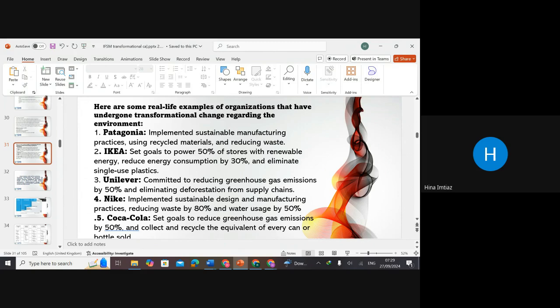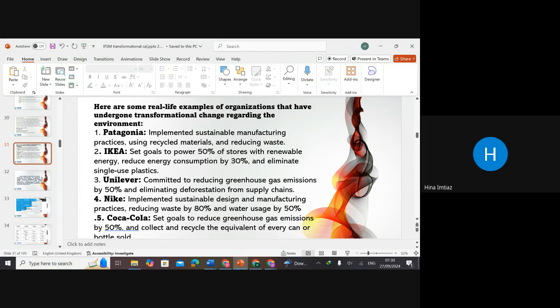I'm really happy and glad, and I'm so impressed by the sustainable goals and objectives set by this organization. And one thing I want to share with you is that 60% of IKEA's material is also recyclable and sustainable. They are getting the raw material from sustainable resources.